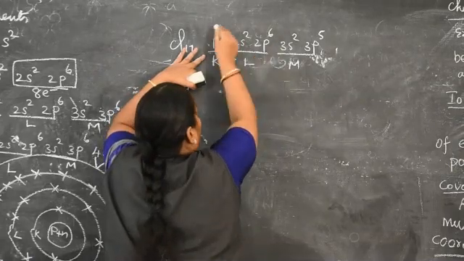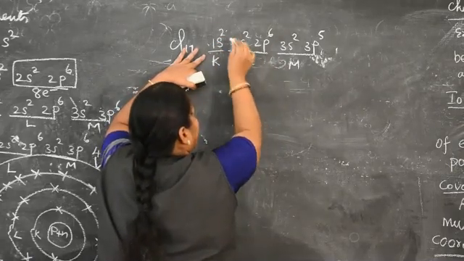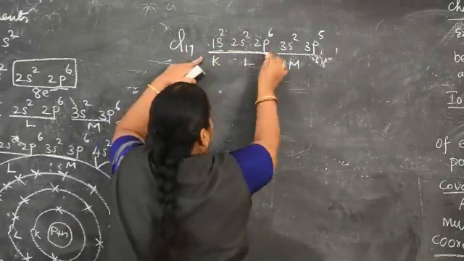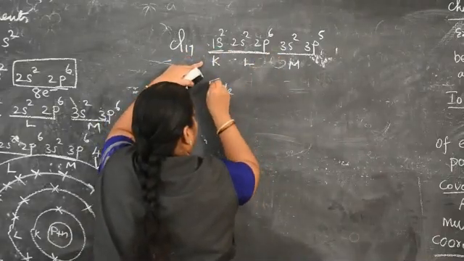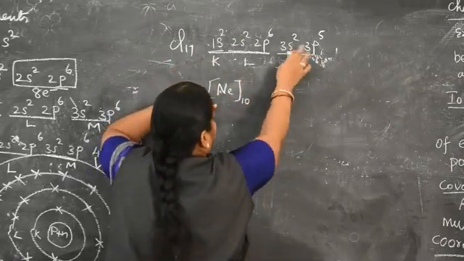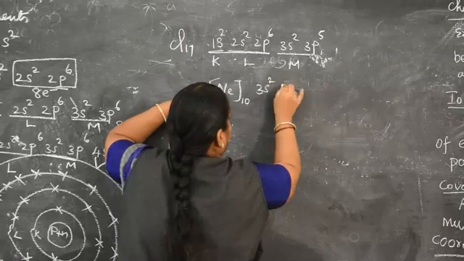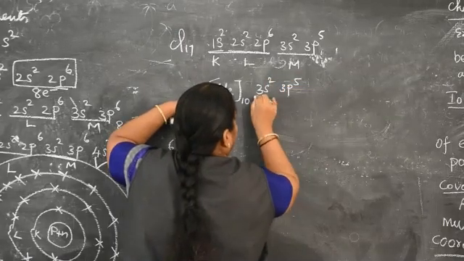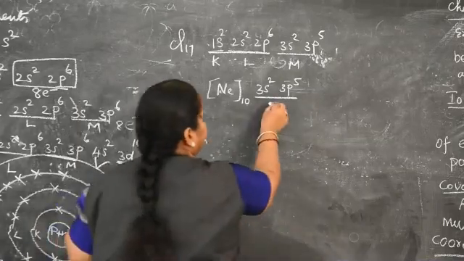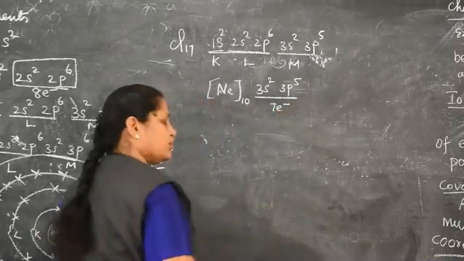The total number of electrons is 10. That's why up to this part you can represent the neon configuration, 10. Remaining are 3s2, 3p5. So the total number of electrons is 7. 7 electrons are present in the outermost cell.